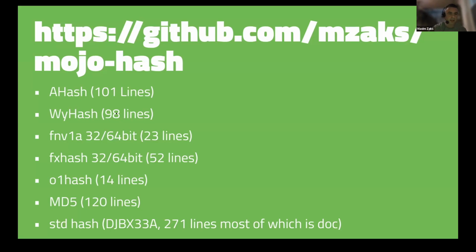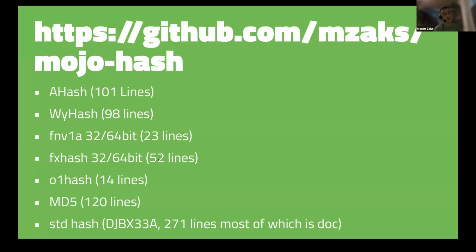So wyhash is 98. I also implemented FNV1A, which is a very simple algorithm. The 32-bit version and 64 take only 23 lines. FxHash is a hash that was used in Rust for some time, and it comes from Firefox actually, but now they switched to different hash functions.